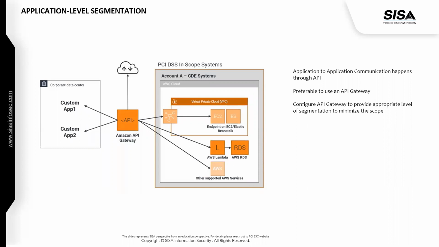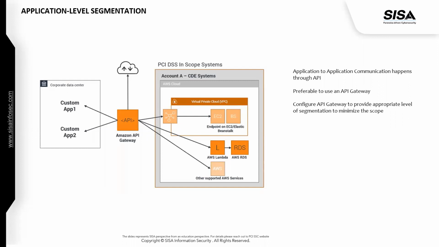Now, if those APIs are not managed well, there is a chance of data mingling and you losing your compliance. So that is where it is preferable to use an API gateway and use services like AWS Config to configure them better, to have a quick view of how compliant we are. Based on that, we can use API gateways and segregate them better, so that not everything is in the scope of PCI DSS.